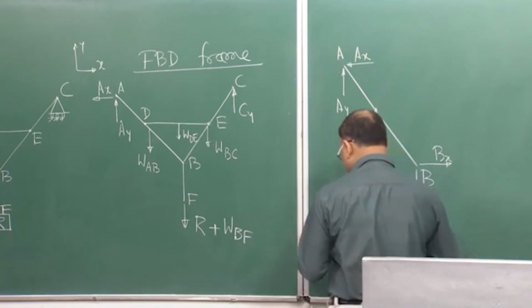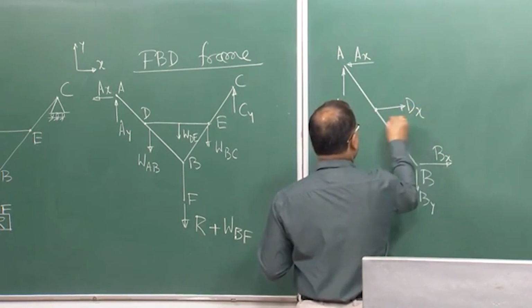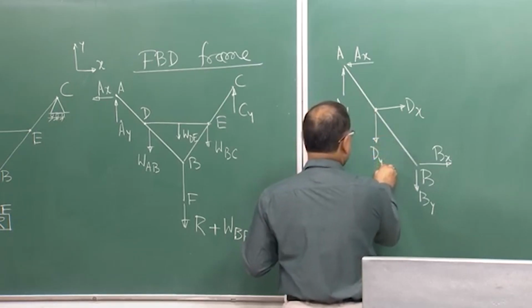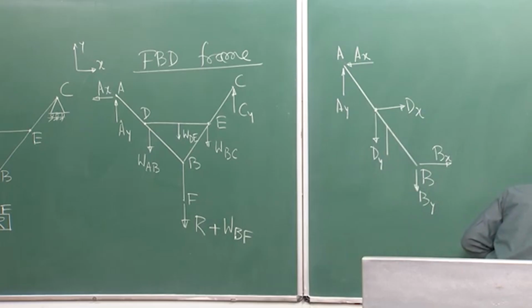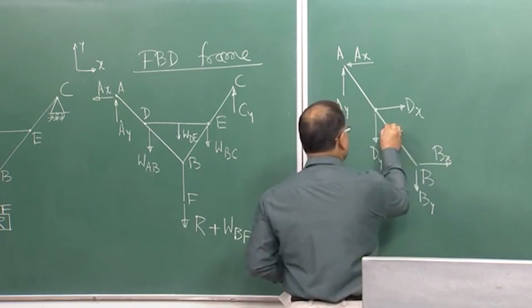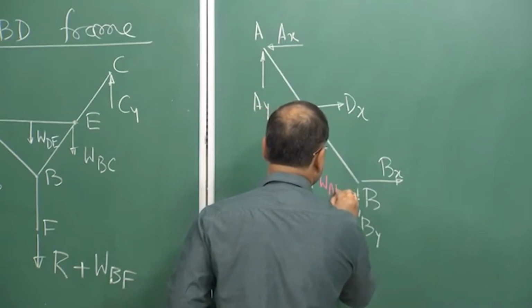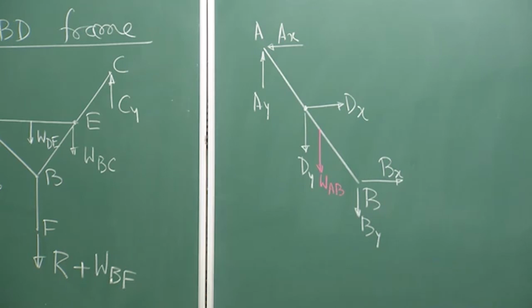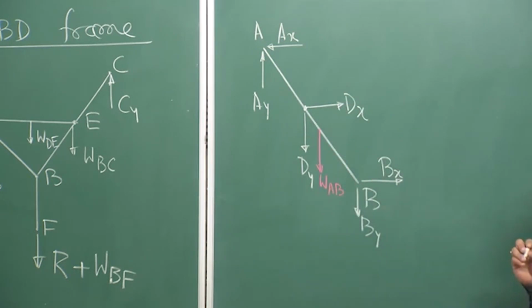So, I can simply resolve it into Dx and Dy, and of course, I can use a different color for the weight. Of course, I have WAB. So, this is the free body diagram of the member AB.